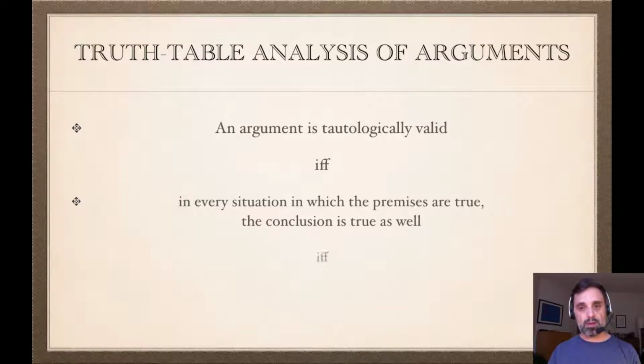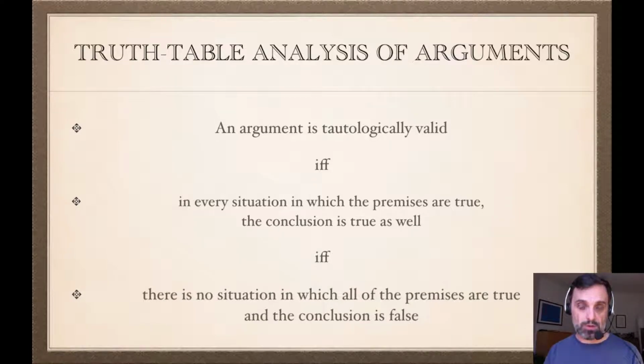And another way of saying that is that there's no situation in which the premises are true while the conclusion is false. Those are equivalent ways of saying the same thing. So if premises true, then no matter what, conclusion true, or there's no situation in which true premises, false conclusion.